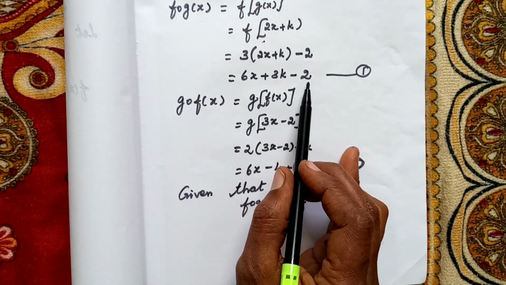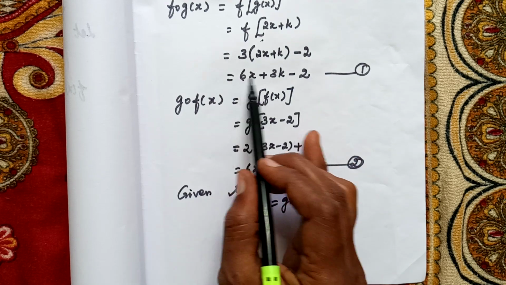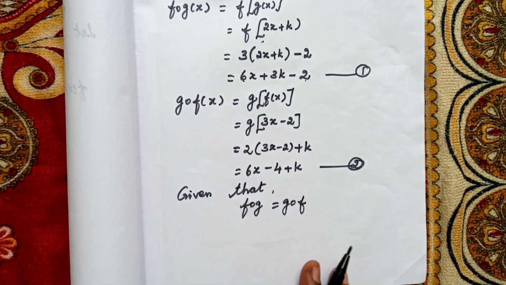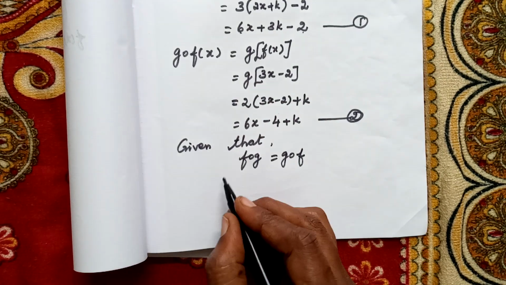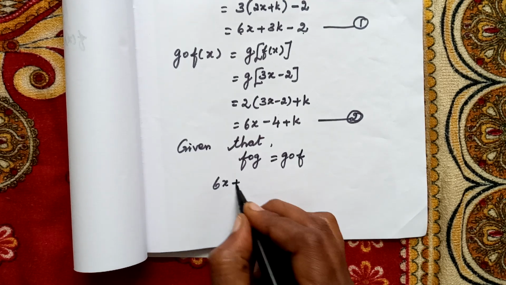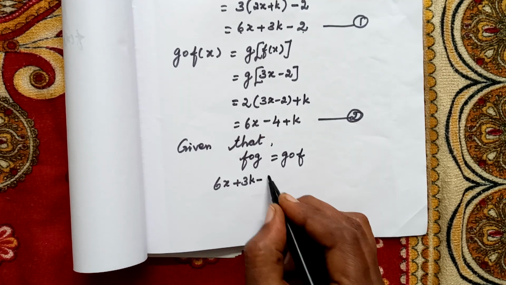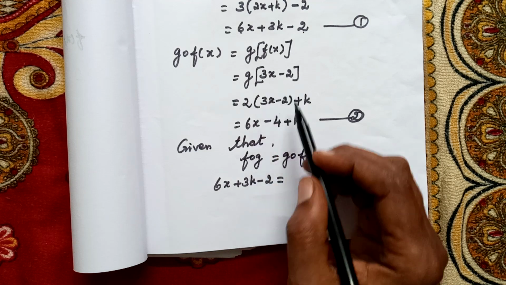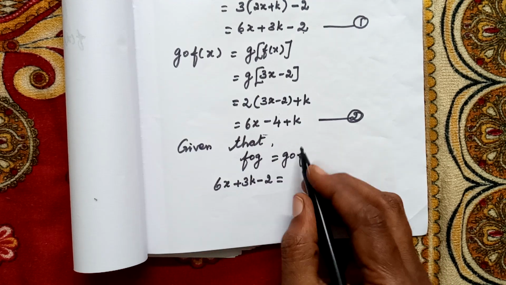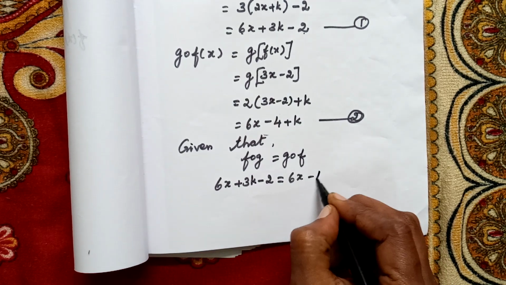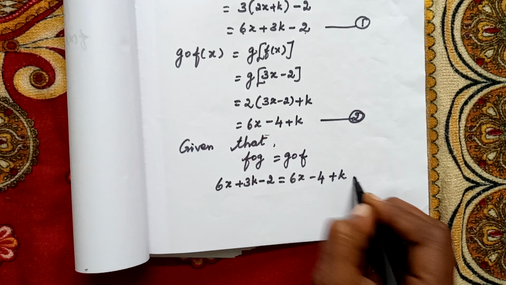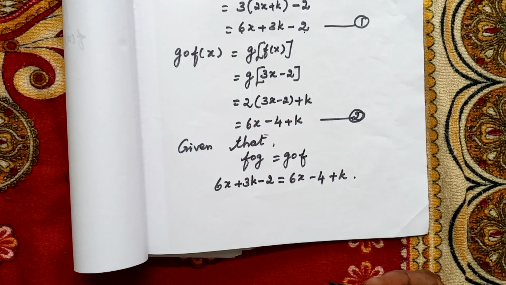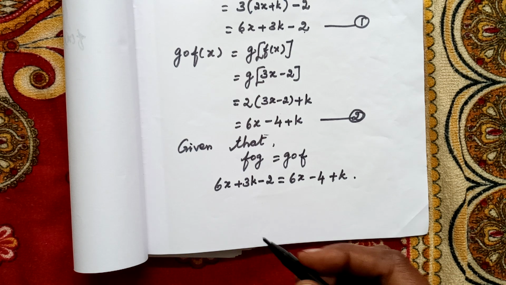That is equation 1, so 6x plus 3k minus 2 is equal to, what is g composite f? 6x minus 4 plus k. So 6x plus 3k minus 2 is equal to 6x minus 4 plus k.